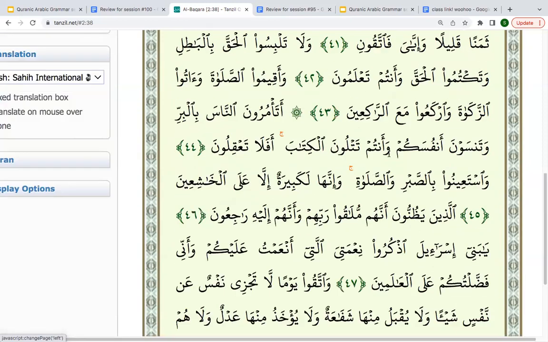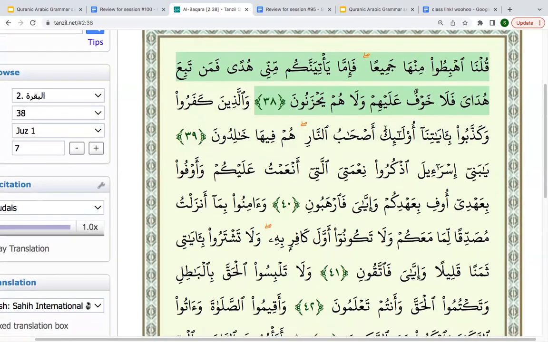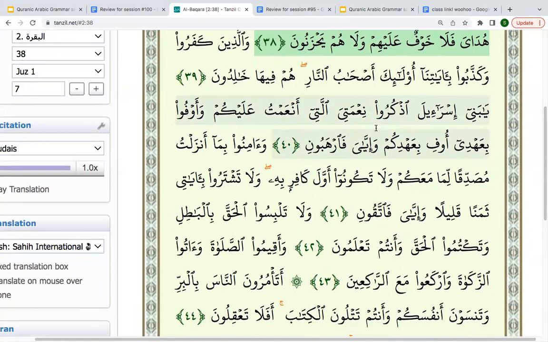Okay, let me show you something that is really easy now. An'amtu. Family 4, and this is Fi'l Madin, or yes, it is Mazid Fihi, it is Fi'l Madin, and the file here is Ana.